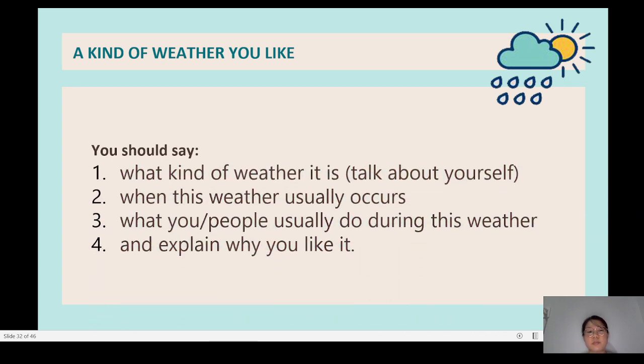The first one is what kind of weather it is, and you can add some information about yourself, your experience in this weather. The second is when this weather usually occurs. The third one is what people usually do during this weather. And the last one is why you like it.